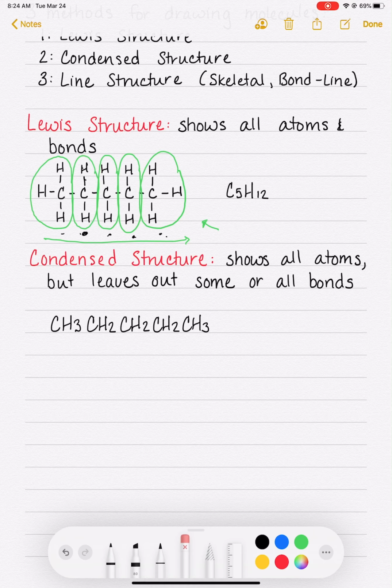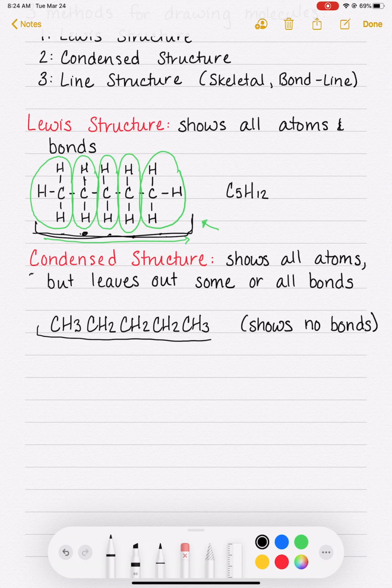In this particular condensed structure, we do see all the atoms, but the way that we've drawn it, we don't see any of the bonds at all. And so you probably understand where the name condensed structure comes from, because we've taken this big, bulky Lewis structure and we've condensed it down to something that's smaller and easier to write.